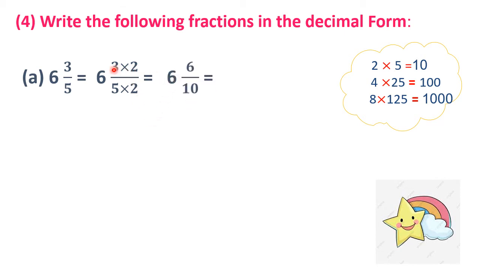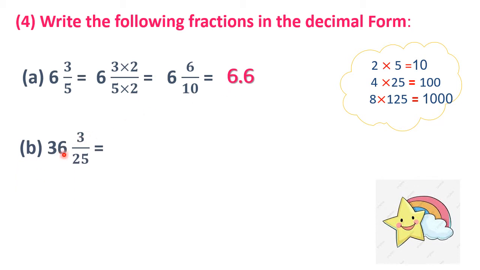Put 6, and 3 times 2 equals 6. 5 times 2 equals 10. So convert to the decimal, the denominator is 10. Put 6 in the whole number and put 6 in tenths after one decimal place.